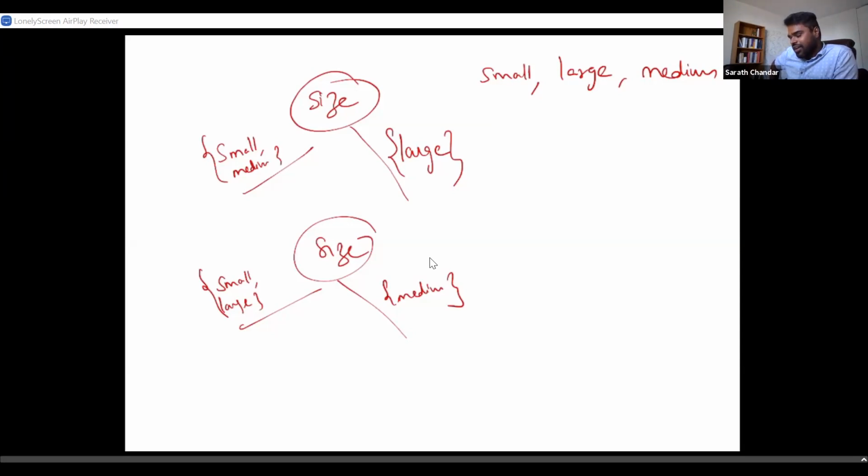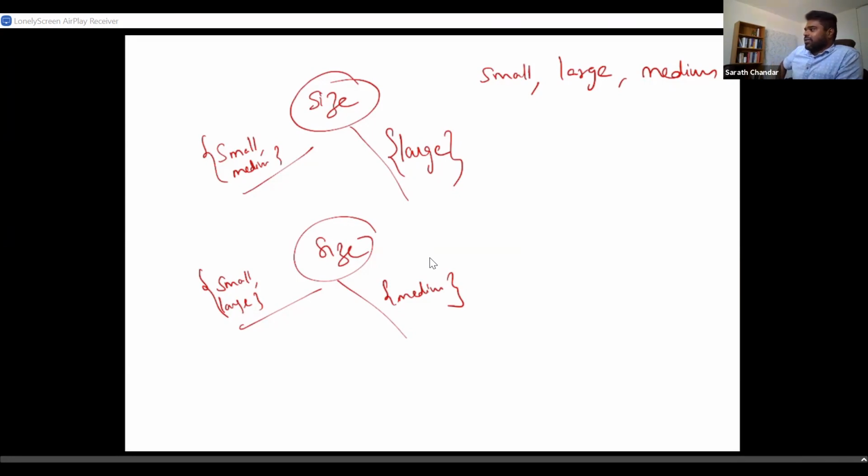Okay, so can someone give me an example task where grouping small with large and differentiating it from medium is better?